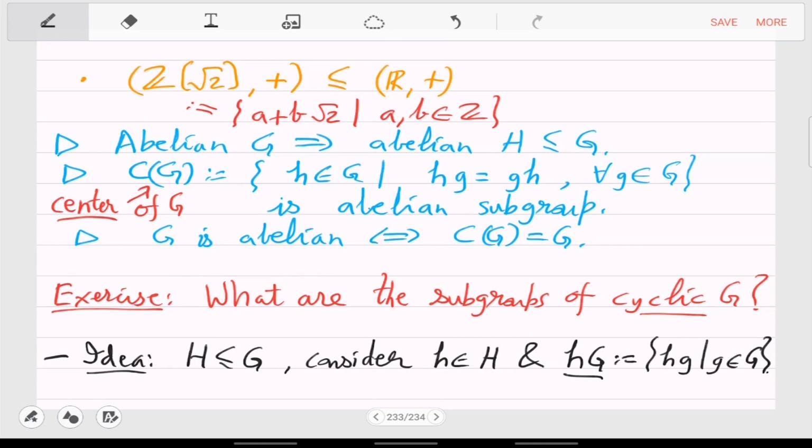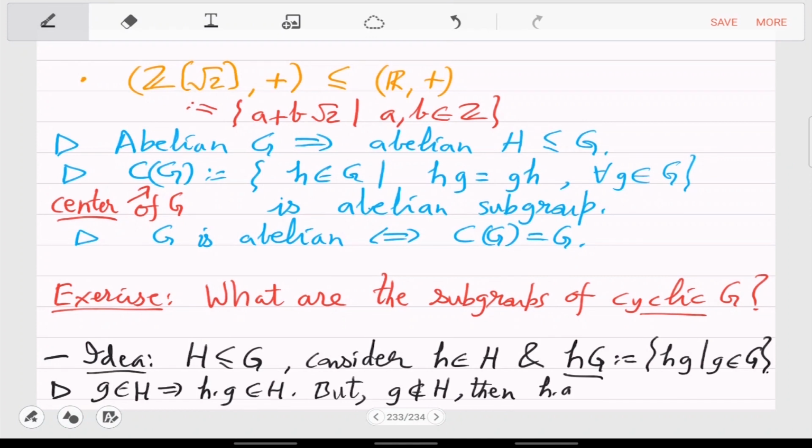So basically, g in H implies that this product is also in H. But if g is outside H, then the product, you can't say anything. Can you? What can you say if g is not in H? Can small h times g be in H?